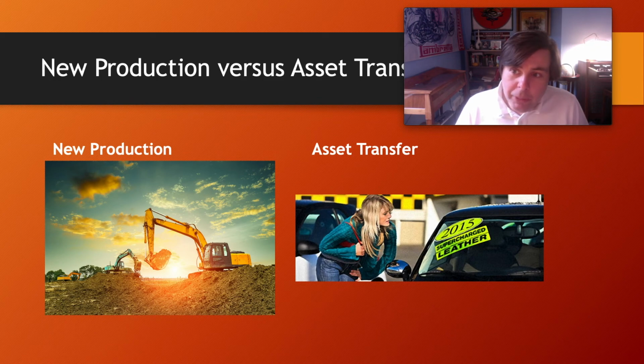Whereas if we choose to buy up existing assets with that financial capital, like the picture on the right below, where she's buying a car, what we're effectively doing is bidding up the price of those assets and not contributing to new production. One is raising the price of existing assets while the other is creating new assets. Okay, and so that's the business decision.